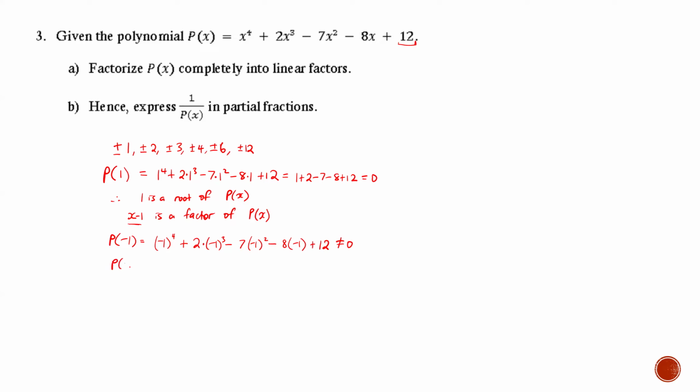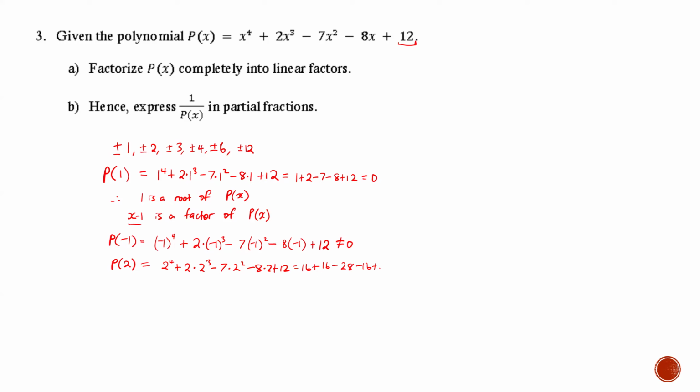So we could move to the next. We could try out 2. This is going to be 2 to the power 4 plus 2 times 2 cubed minus 7 times 2 squared minus 8 times 2 plus 12. It simplifies to 16 plus 16 minus 28 minus 16 plus 12.